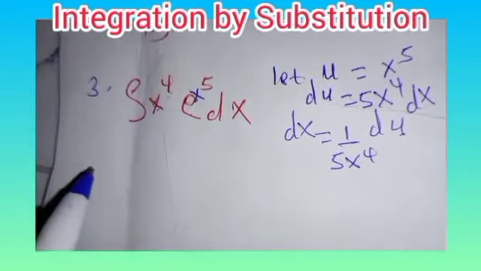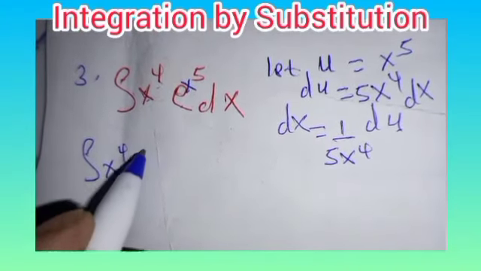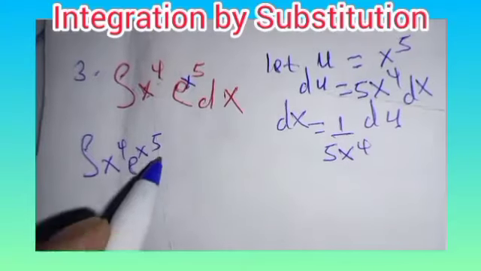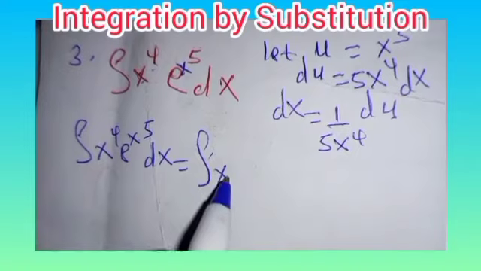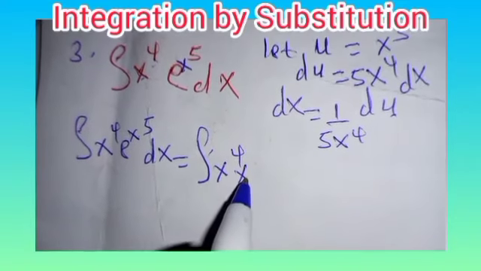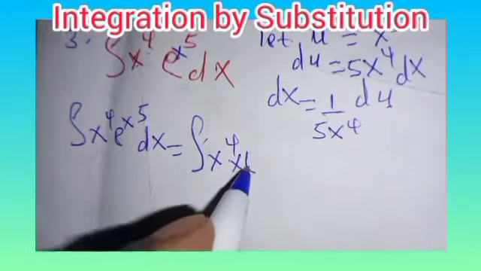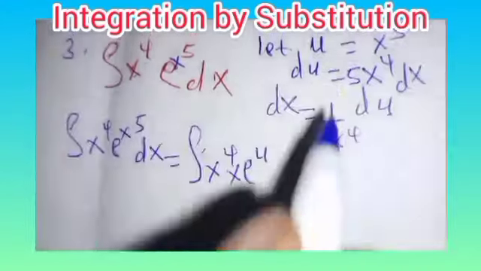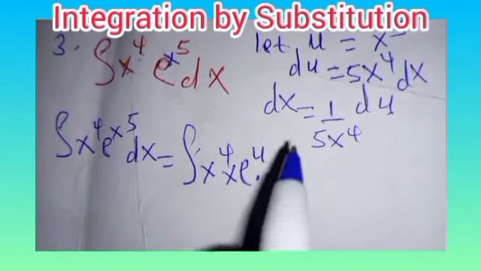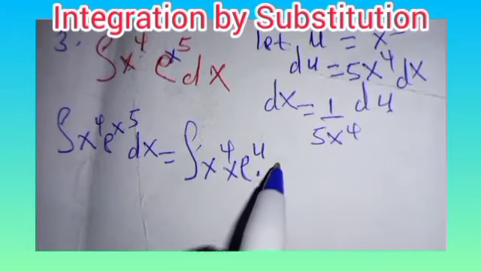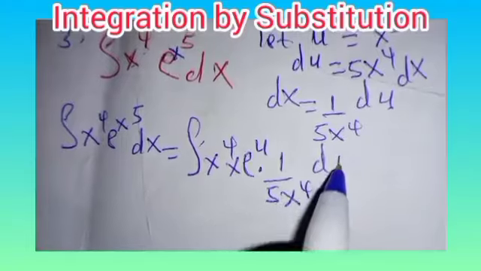So we come here and substitute. The integral of x power 4 exponential x power 5 dx is equal to the integral of x power 4 times, instead of x power 5, exponential u, multiplied by 1 over 5x power 4 du.